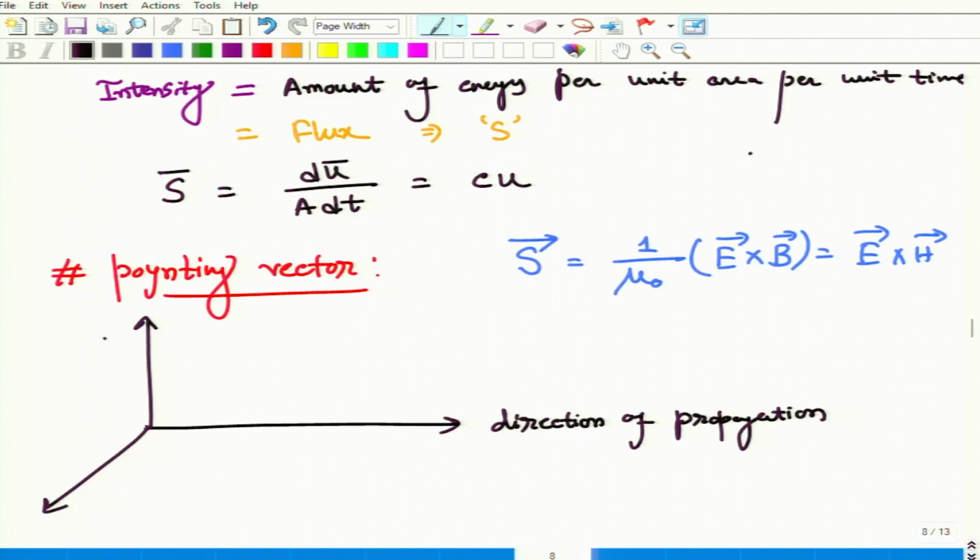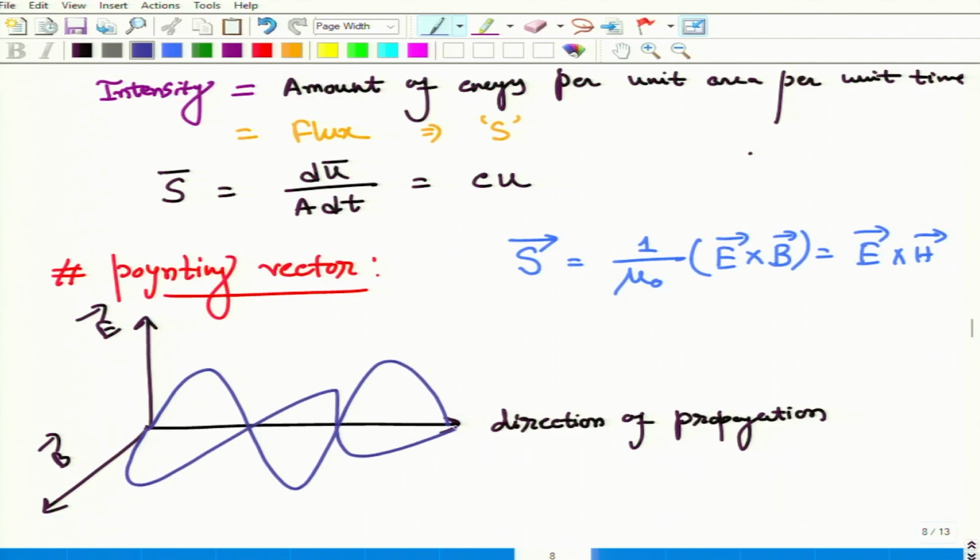This is our electric field, and in this direction the magnetic field. We have drawn this figure several times, right? So this is our electromagnetic radiation.